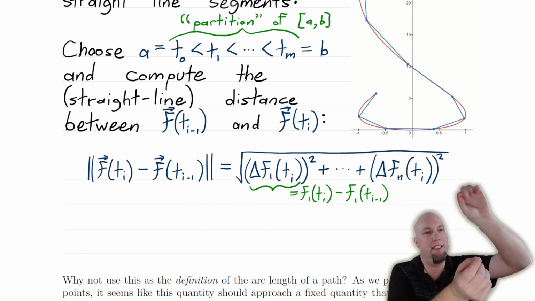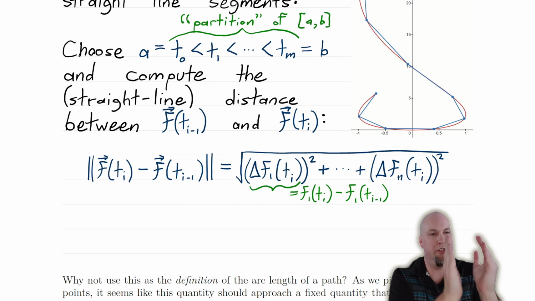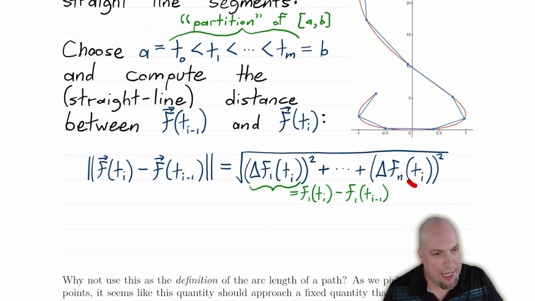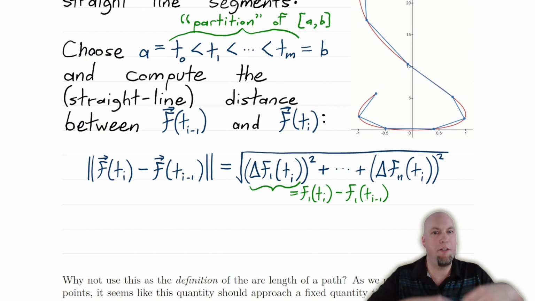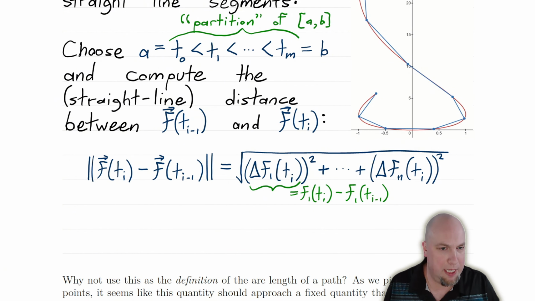If your function is going into n-dimensional space, then it has n coordinate functions, and you do the same thing for all of them. You measure how much each coordinate changed on the ith subinterval, square that, add all these up, and then square root the whole thing, because that's how you compute distance between two points in n-dimensional space.